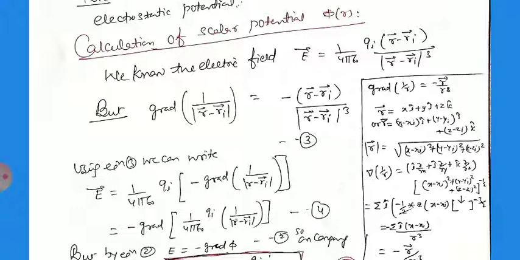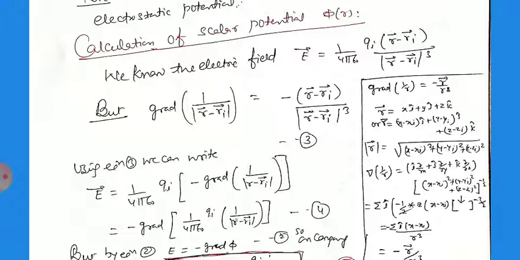So del of the 1 by r. Del means i cap del by del x plus j cap del by del y plus k cap del by del z of ((x minus xi) square plus (y minus yi) square and so on) power minus half. To calculate its differentiation with respect to x, we can write minus 1 by 2 into 2 of (x minus xi), and the whole bracket power minus 3 by 2.